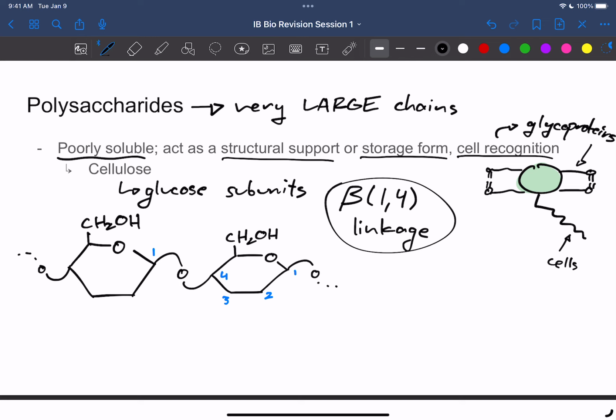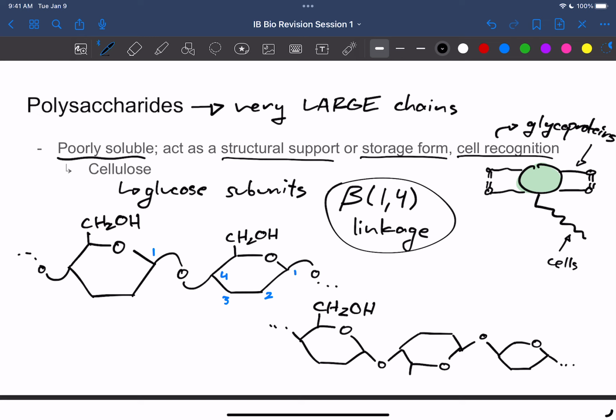Now this you have to know. Cellulose is beta, and you have to know this. In images, you might not always see this kind of squiggle form. You might see something like this. And when you see it this way, it'll look something like this.